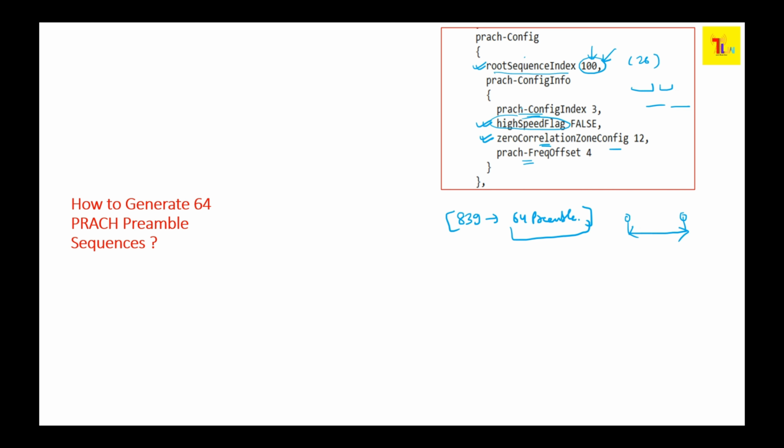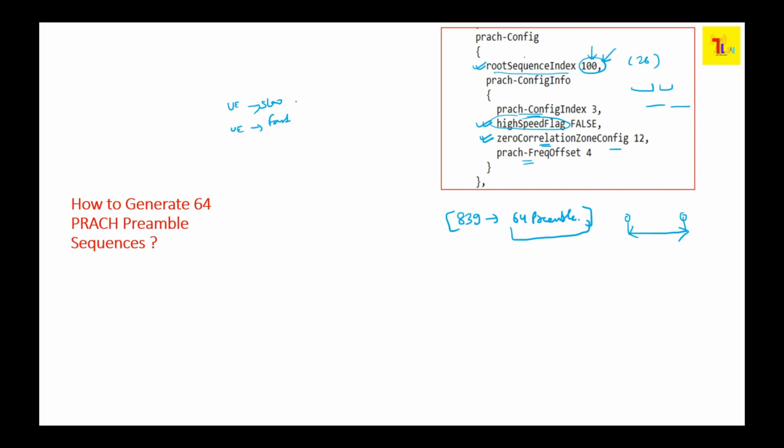So the high speed flag is going to give you the understanding. Let's suppose your UE is moving slow or fast, so that it can identify between the cyclic shifts.